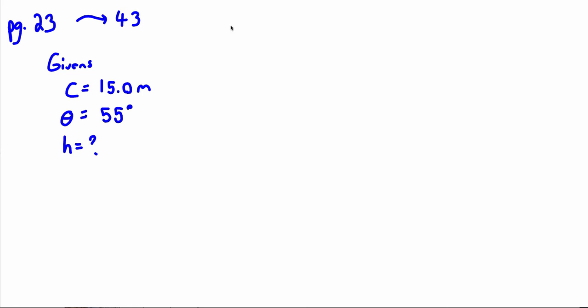So if we think about what we need in order to solve this problem, let's say that this is the fountain, and let's have it spitting blue water out. So this is the fountain, and we want to see how high it is. So this height right here, and we know this angle is theta.